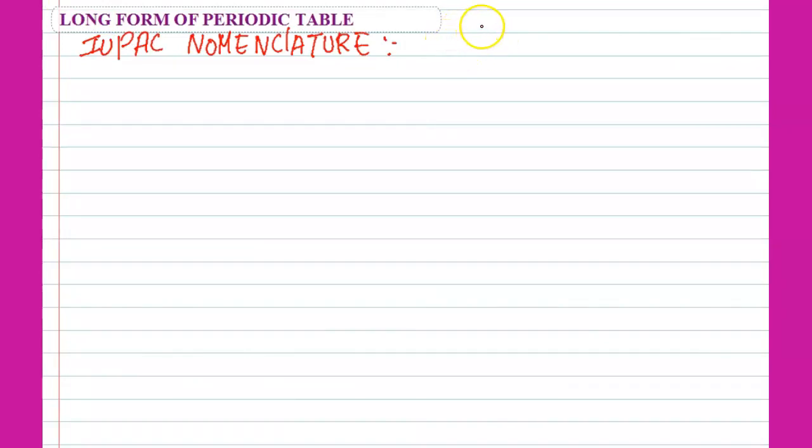Actually, before writing names, we must know the Latin words and abbreviations for digits.